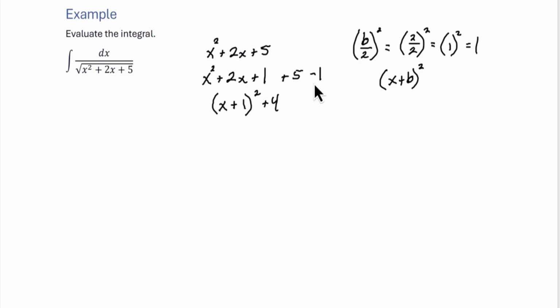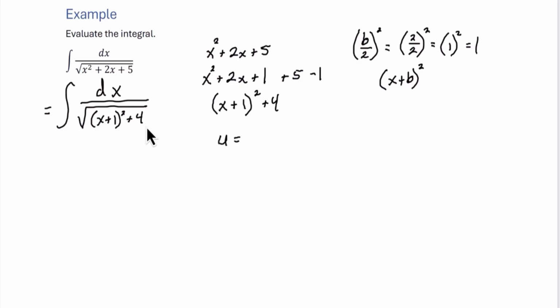We can now rewrite the original integral. We'll get dx divided by the square root of, let's replace that quadratic with what we have here, x plus 1 squared plus 4. Now the stuff under the radical, that radicand, looks a little more like the form that we saw in previous videos for trig sub. We can now do a U-substitution.